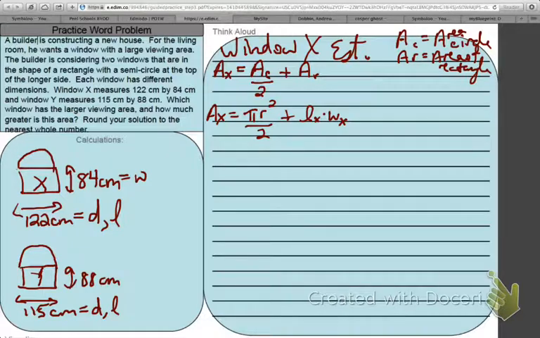So let's try and finish this estimate. So AX equals, well, pi is about 3. So if it's approximately 3, we're going to be multiplying 3 times the radius. And if we go back to the image, the diameter is 122.